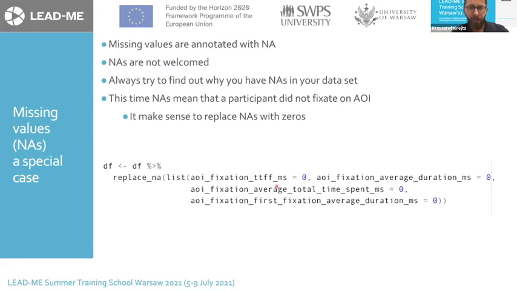So I give the name of this variable. I want to change the NA values into zeros. After comma, next variable, I want to change the values into zeros. And in every variable, total time, average total time, average duration, I want to change NAs to zeros as well, because it makes sense in this case. In other cases, it might be something different.